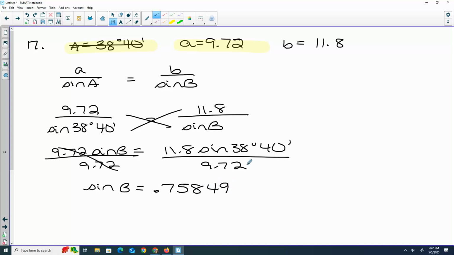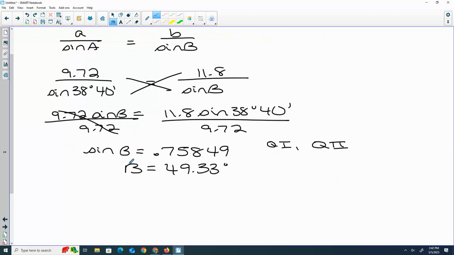So then what do you have to do? Sine inverse. If we do that sine inverse, we get 49.33 degrees. But here's the thing. We know sine is positive in both quadrant 1 and quadrant 2. What I just found is B if it's in quadrant 1.